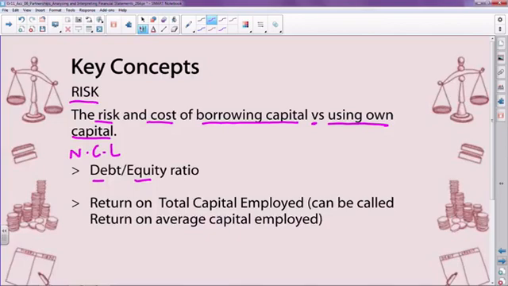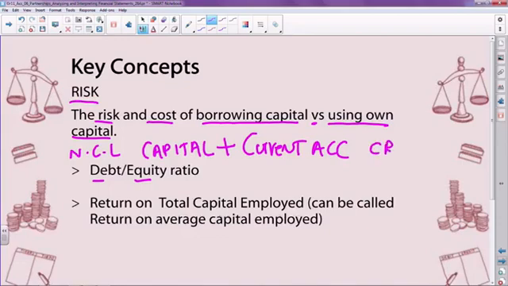Equity, here we're referring to capital contributed by both partners plus their current account balances. Just be very careful, because if the current account balance has a credit balance, you're going to then add. If, however, it has a debit balance, you will then subtract.